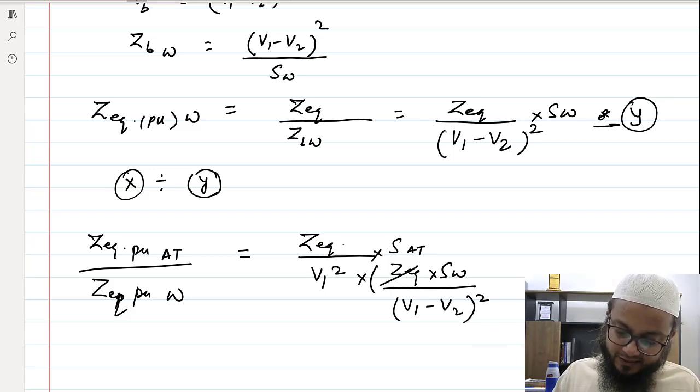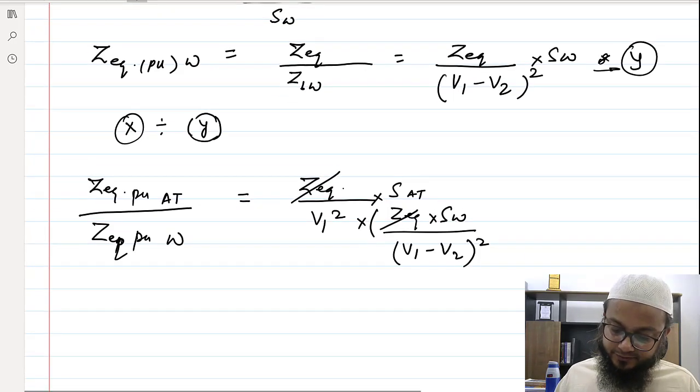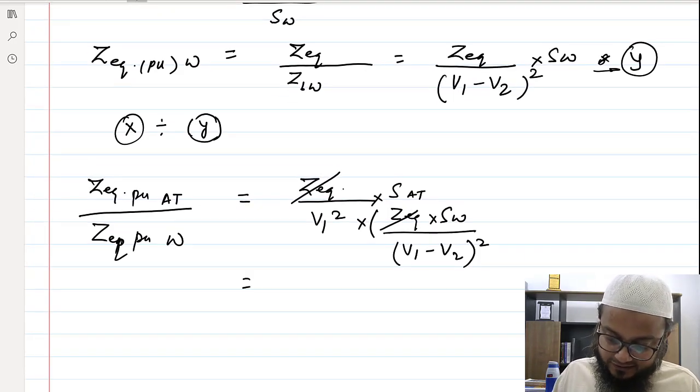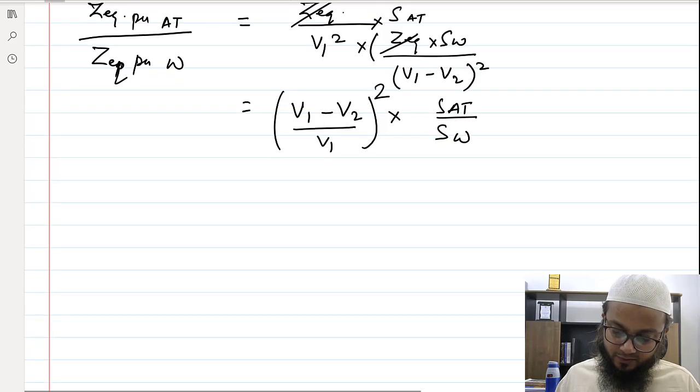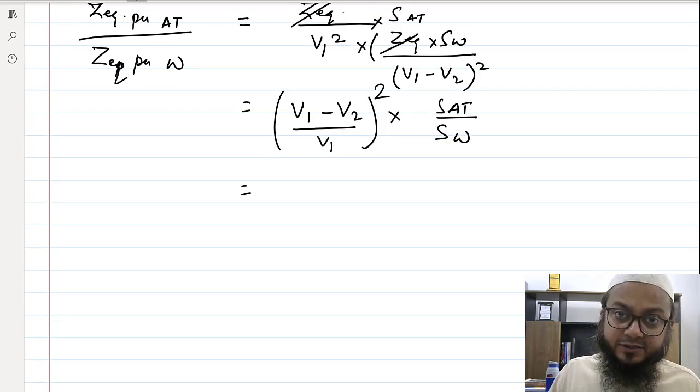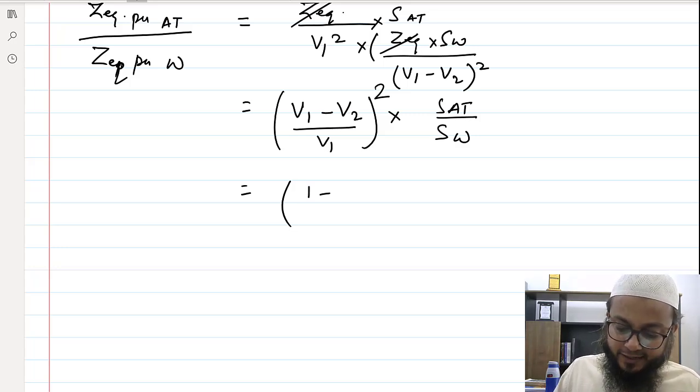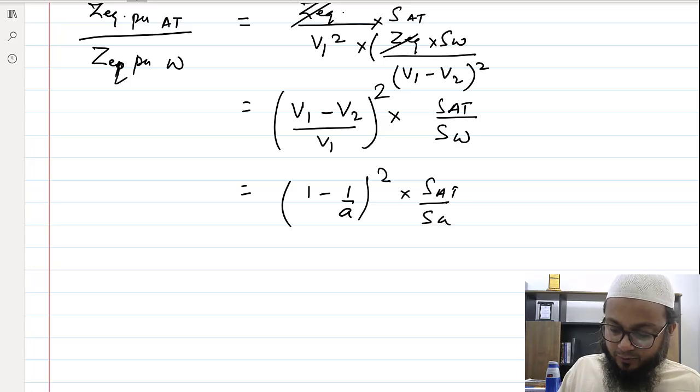So this Z equivalent we can cancel out here. Okay, so if you'll see, this is (V1 minus V2) upon V1, whole square, into SAT upon SW. And if you further simplify it, it would be (1 minus V2 upon V1, which is 1 minus 1 by A), whole square into SAT upon SW.